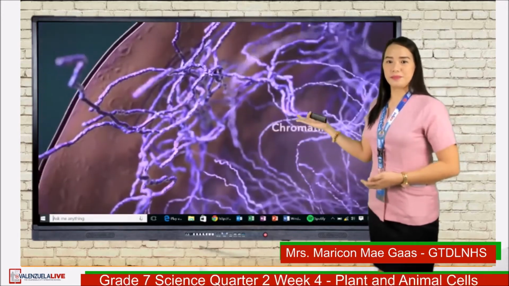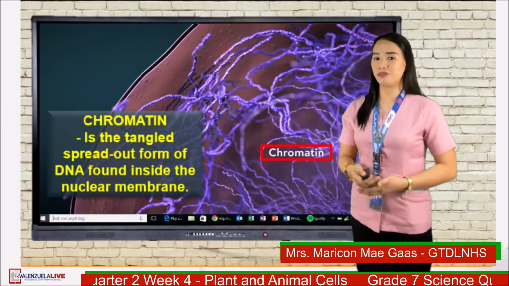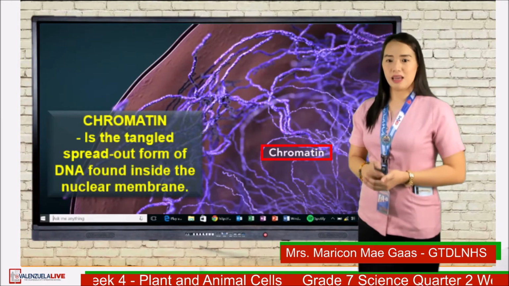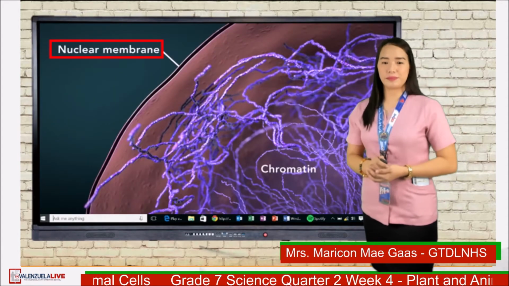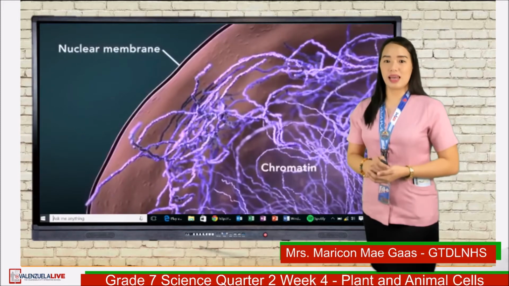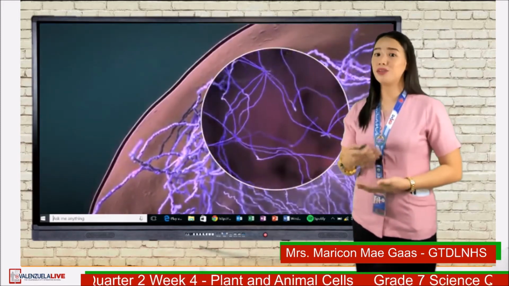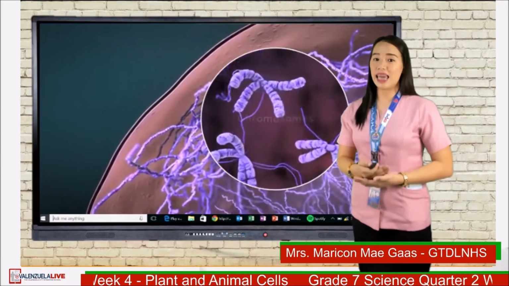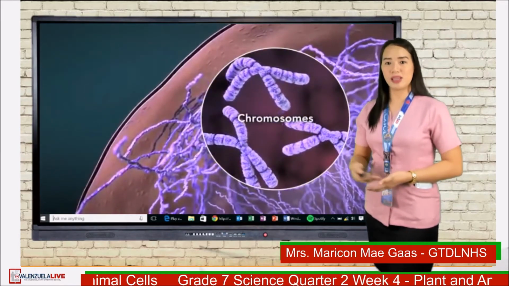Chromatin. The chromatin is the tangled, spread out form of DNA found inside the nuclear membrane. When a cell is ready to divide, DNA condenses into the structures known as chromosomes.